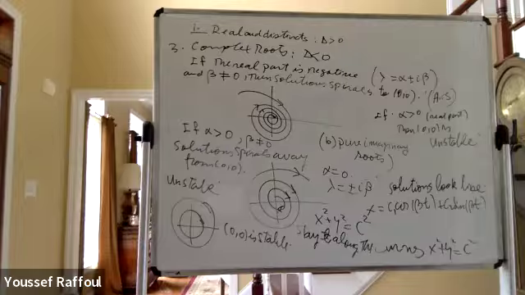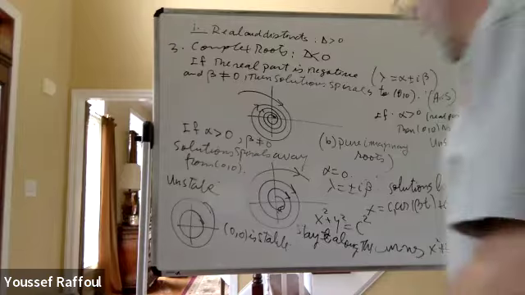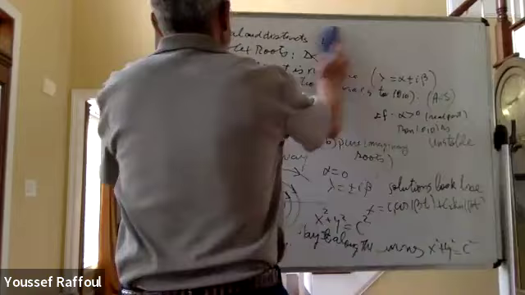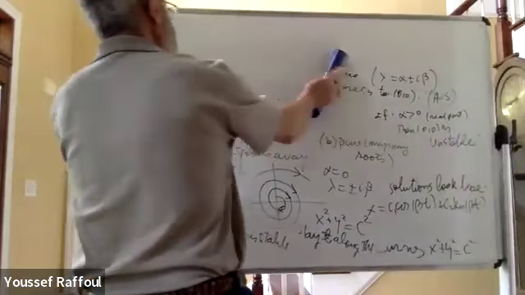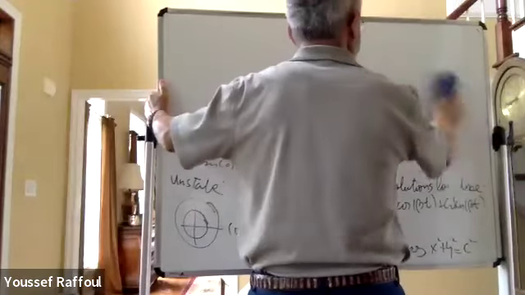This is 145, 146. Now we're going to take a look at a different idea, depending on how far I can go. This topic is important for students in engineering.